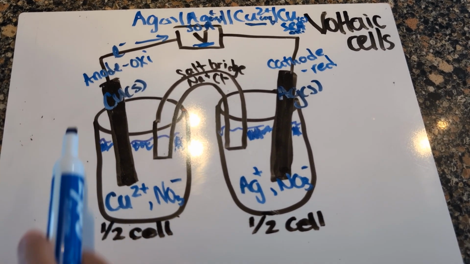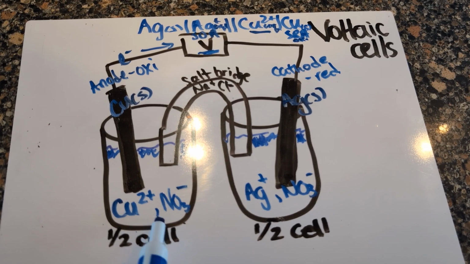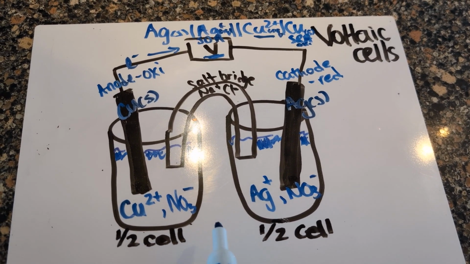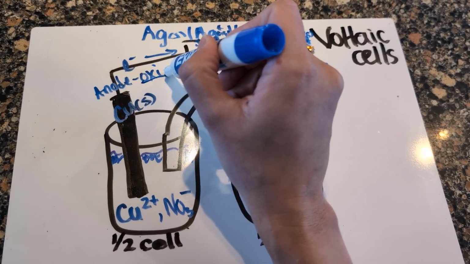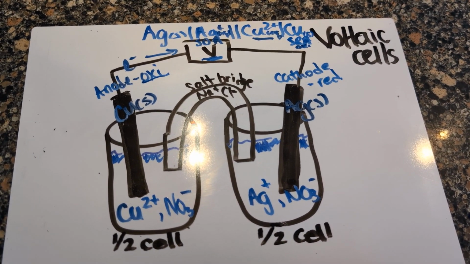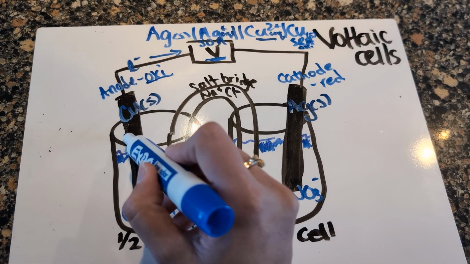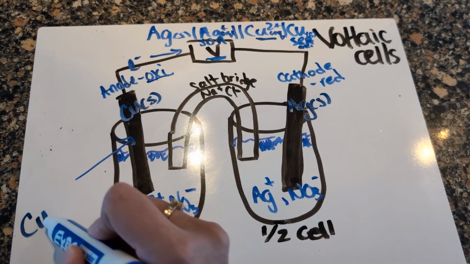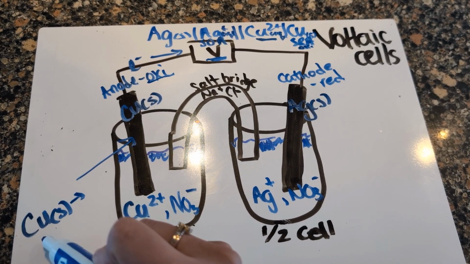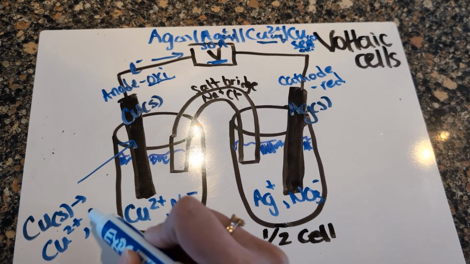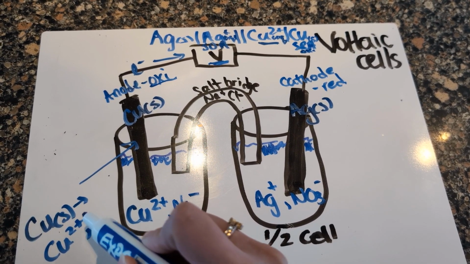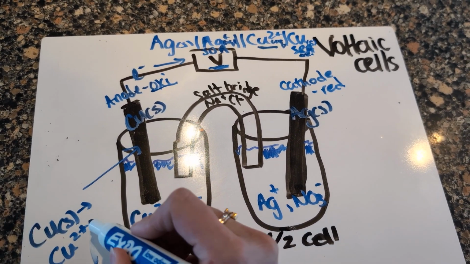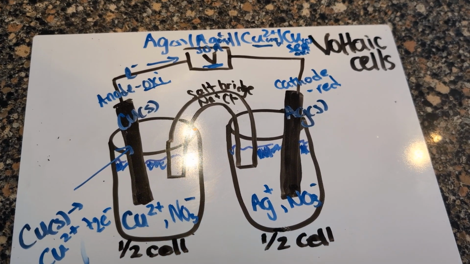So in my half cell at the anode, my copper and my copper 2 positive, what would be happening here if something's undergoing oxidation? We know that's going to lose electrons. So this copper solid right here is going to break apart into copper 2 positive plus 2 electrons.